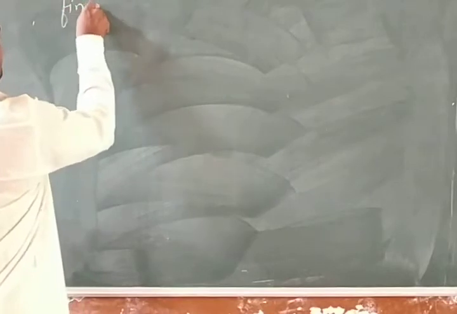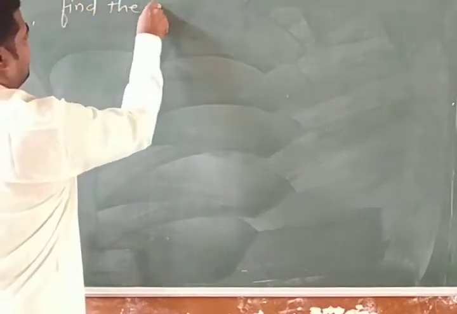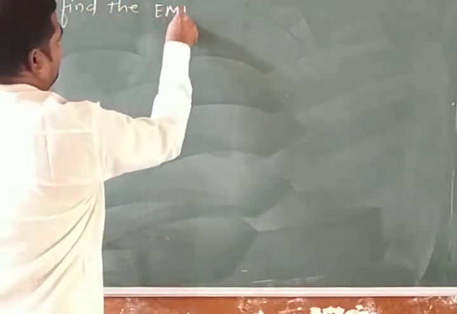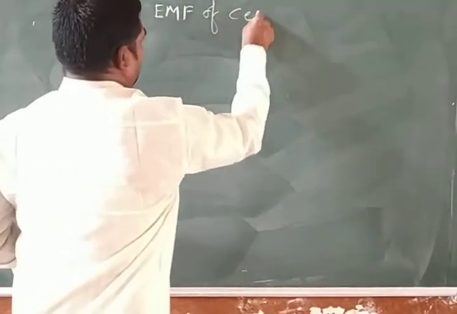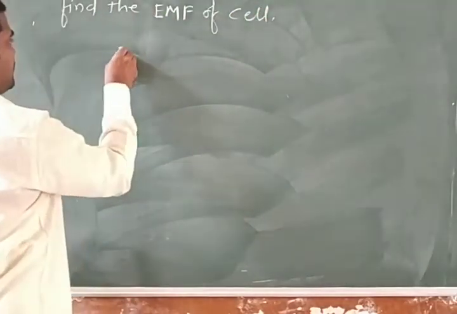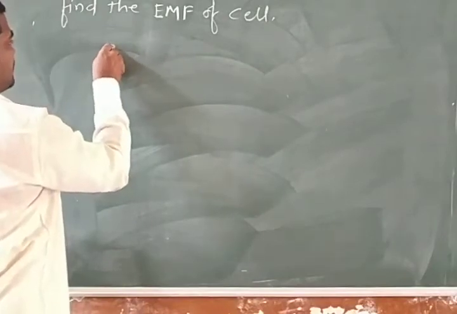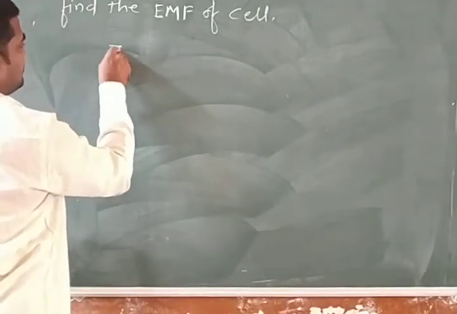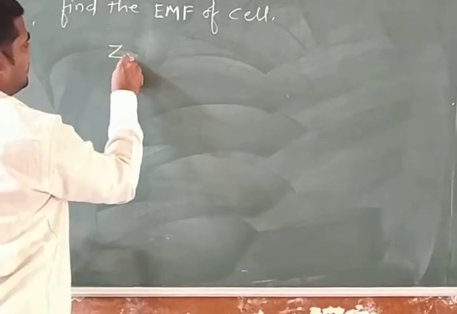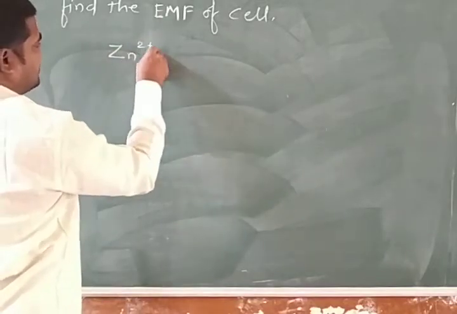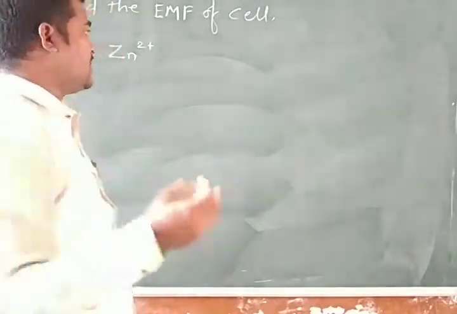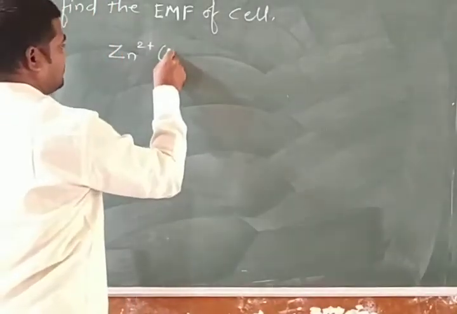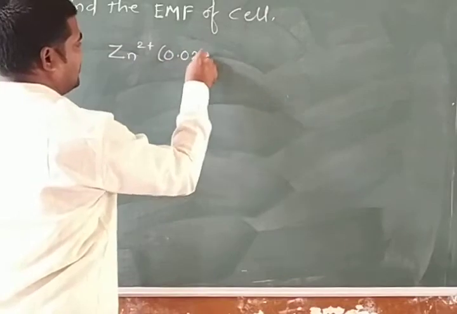Find the EMF of the cell, and that cell they have provided, suppose for zinc, Zn2 plus and its corresponding concentration, sometimes 0.20 here.